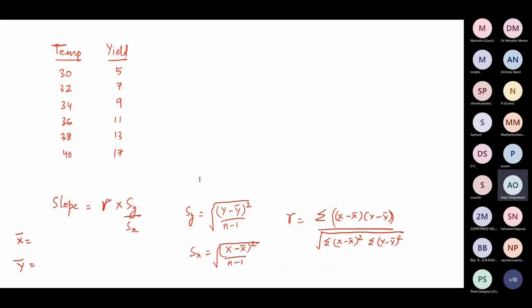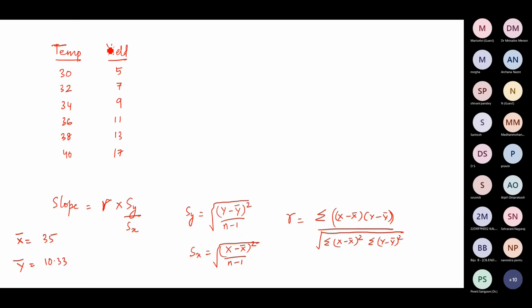So the mean for X will be 30 plus 32 plus 34, 36, 38, 40 divided by 6, which will come out to be 35. And the mean for Y will come out to be 5 plus 7 plus 9, 11, 13, 17 by 6, which is 10.33. Both of them are divided by 6.